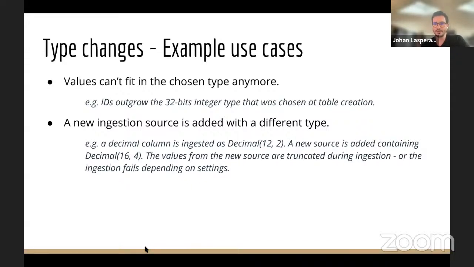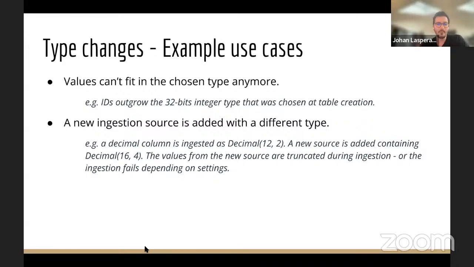But you've had a lot of orders, a lot of updates on your table, and suddenly you're overflowing the 32 bits that your integer column can store. And you want to expand that to 64 bits to be able to have more than the number of records that you have. This is the case where you would want to essentially extend the size of the integer type that you're using.